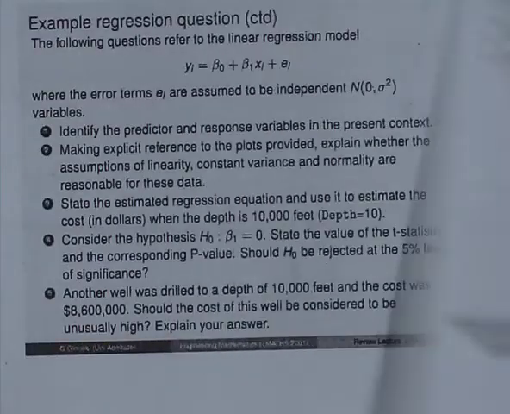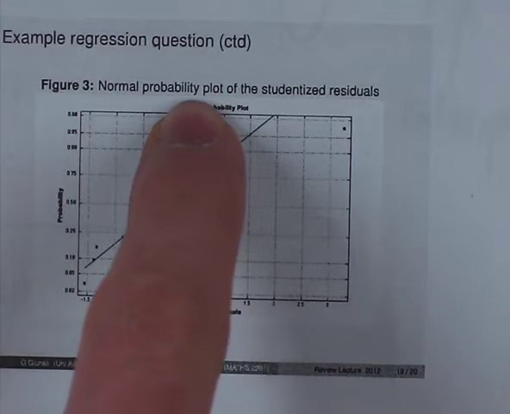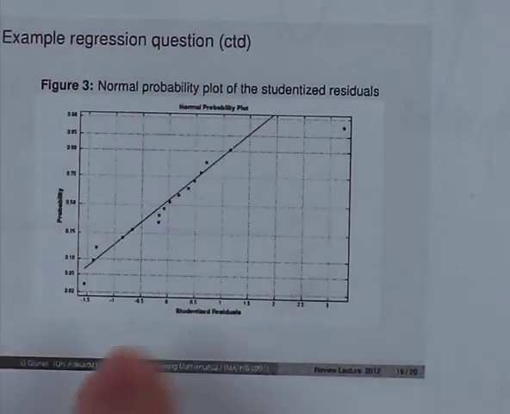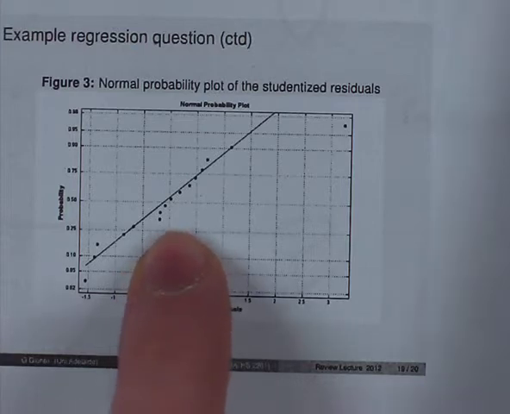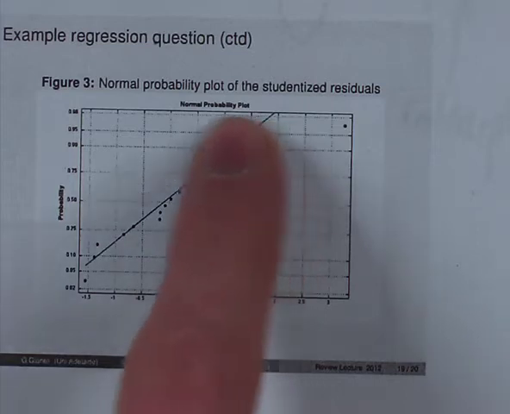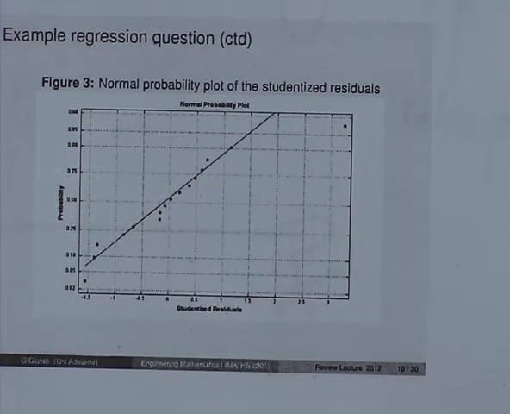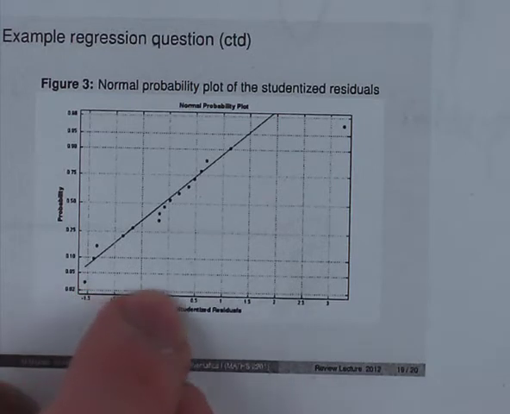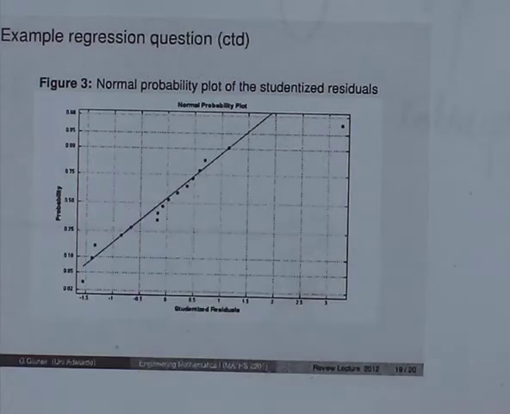So when we look at these other plots that he gave us, this is the normal probability plot. That's telling me whether that normal distribution assumption is appropriate, and it doesn't look too bad. They're all quite close to the line. In statistics, if you get a normal probability plot for any distribution, it's comparing what your data is to what it ought to be if it was from a normal distribution, and it'll line up that way.